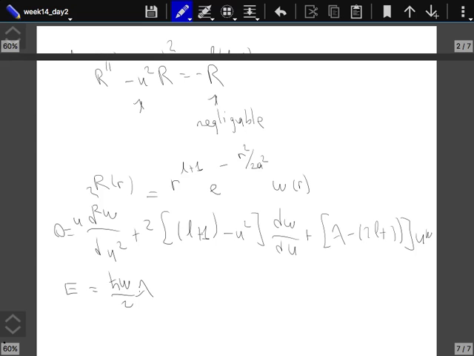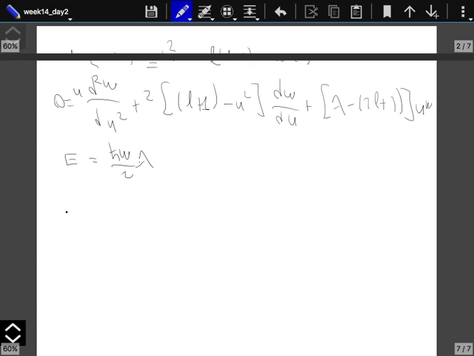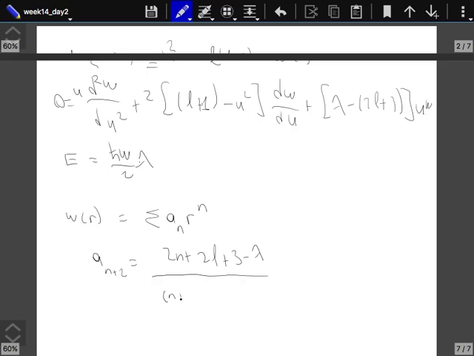And then what you do is you just make a series expansion of omega in powers r to the power n, and then determine some recursion relation for a_n. So this is basically the recursion relation: a of n plus 2 is equal to 2n plus 2l plus 3 minus lambda, divided by n plus 2, n plus 2l plus 3, times a_n.